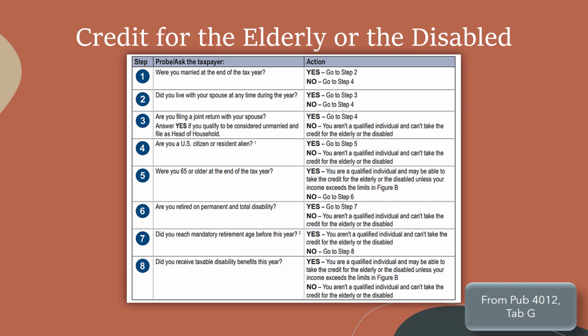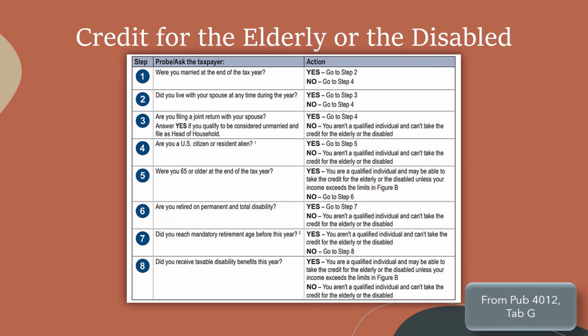Was our taxpayer married at the end of the year? If yes, they go to step 2. If no, they skip down to step 4. So let's say yes, they were married. Step 2 asks, did you live with your spouse at any time during the year? It says answer no if you are qualified to be considered unmarried and file as head of household. Yes, you continue on to step 3. No, you would skip to step 4.